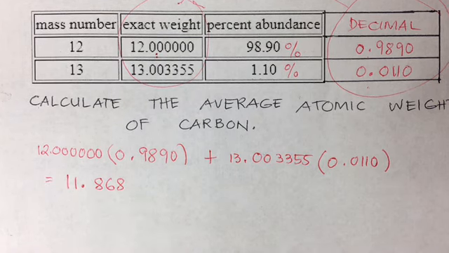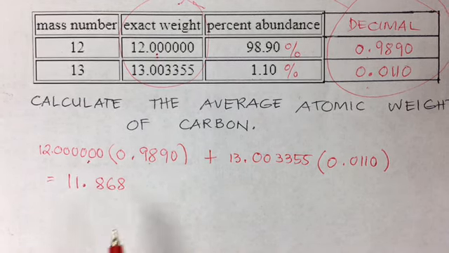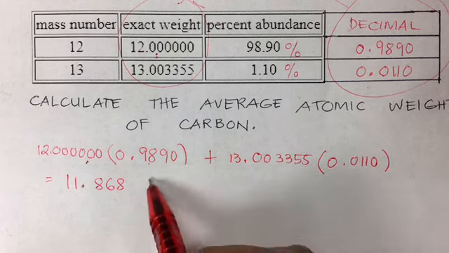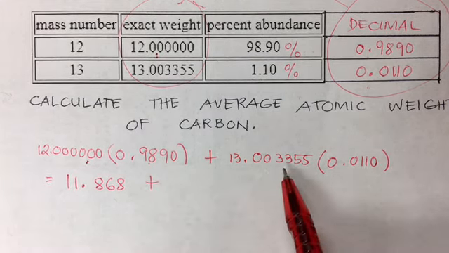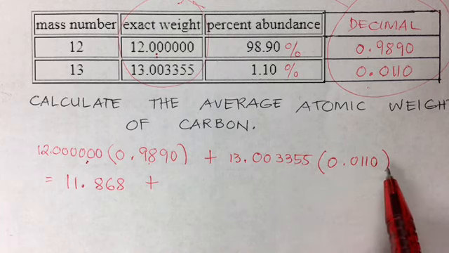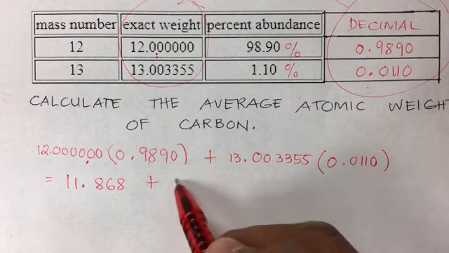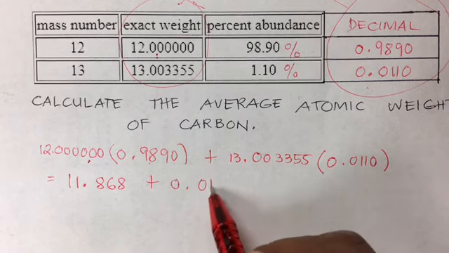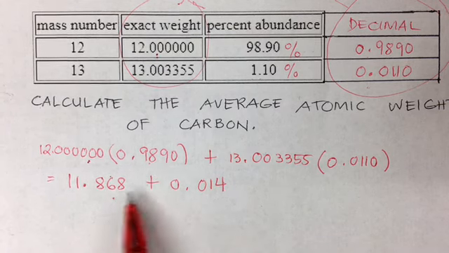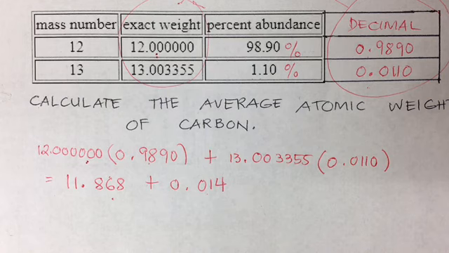So 11.868 is the product of this and this. We just limit up to 3 decimal places. And then the next one is 13.003355 times 0.0110. We're going to get 0.014. So after getting the products of every isotope, we are now ready to add the two products that we get.